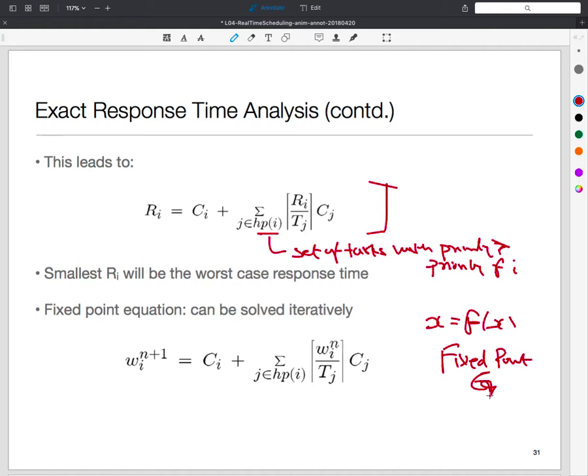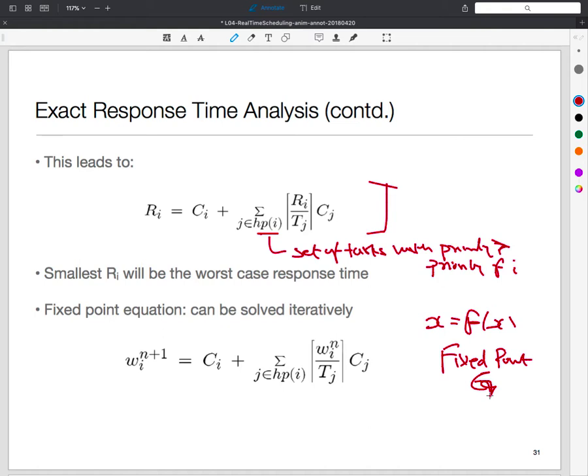Now, I know for sure that my response time is at least C_i. In fact, it's at least C_i plus the C's of each one of the higher priority tasks. So I have a reasonably good guess for the initial value. What this equation you're seeing is, is an attempt to solve this fixed point equation iteratively, where the initial solution would be W_i^0, and this n is not representing power; it is representing the guess number.